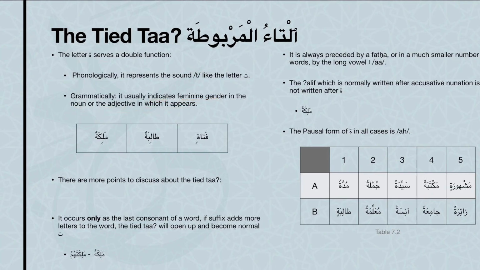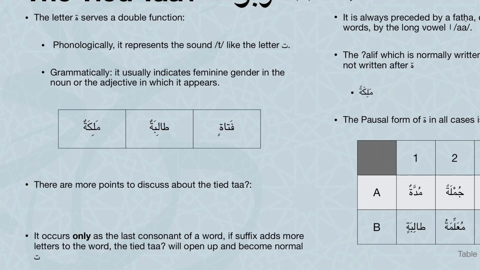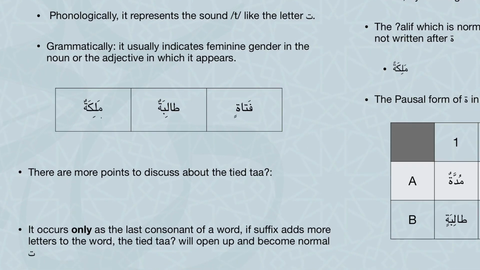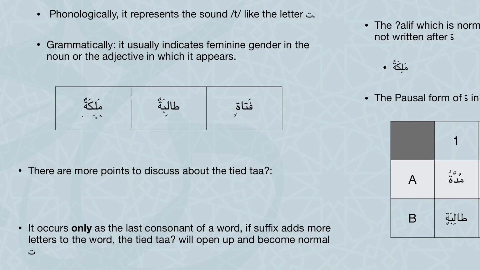Now, that's not a complete absolute rule. I would say 99% of the nouns that have ta marbuta at the end are usually feminine, as we see here. Malikatun, malikatun. Notice the t sound. It's like a normal t, but kind of folded together. طالبة طالبة.